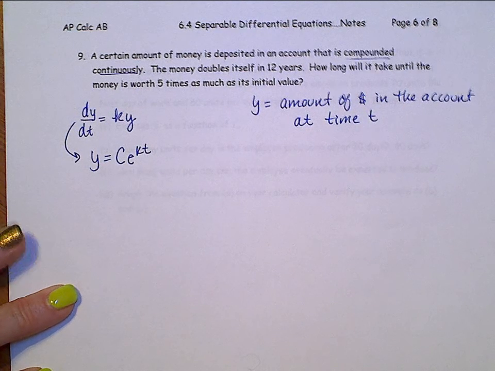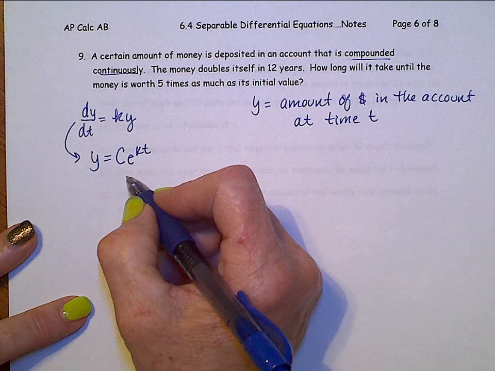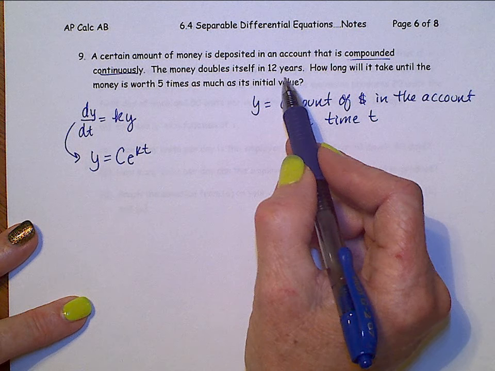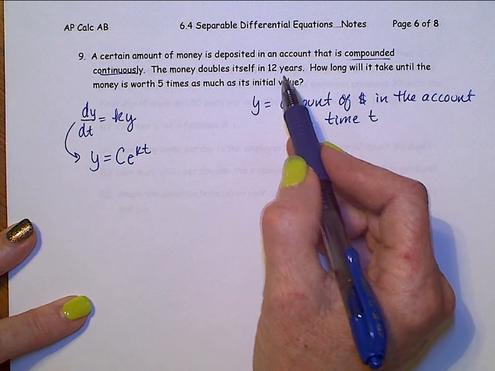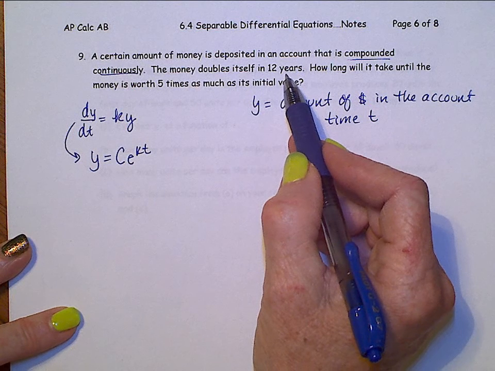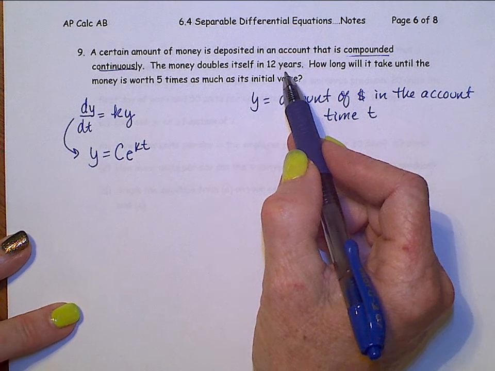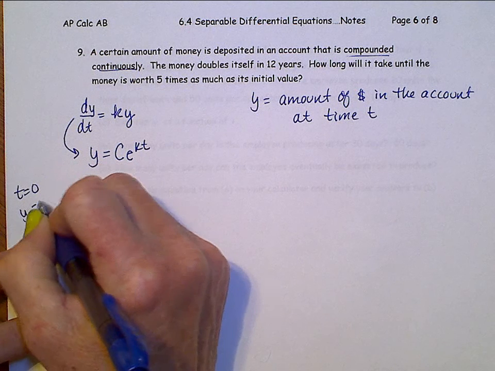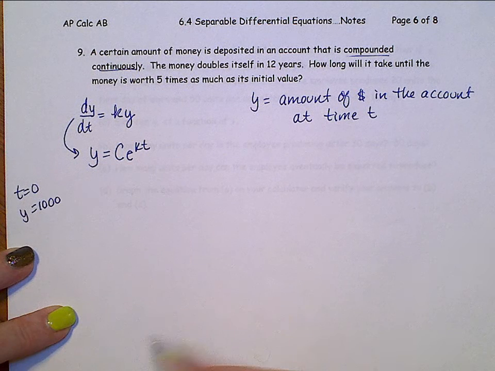All right, well, let's see some information. We know that the money doubles itself in 12 years. How much money was put into the account initially? We don't know. Let's make something up. How about $1,000? So at time 0, y is $1,000.